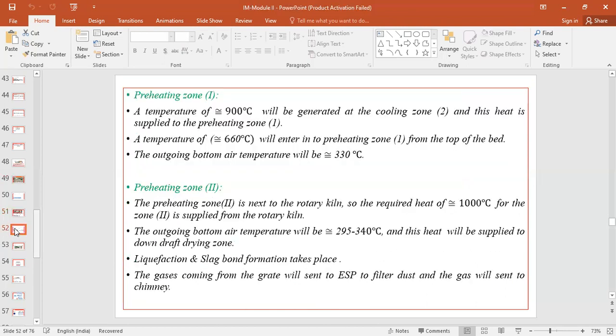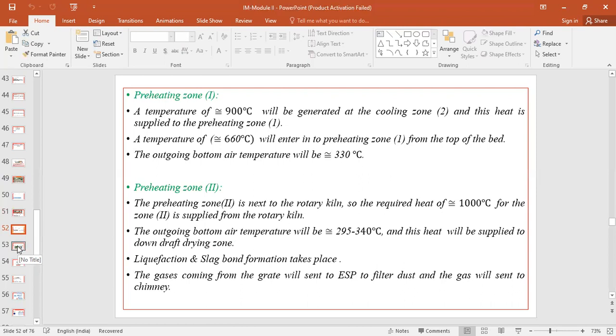Next, coming to the preheating zone 1. Once the drying is done, we do the preheating. In the drying zone, the maximum amount of moisture present inside a pellet will be completely removed.